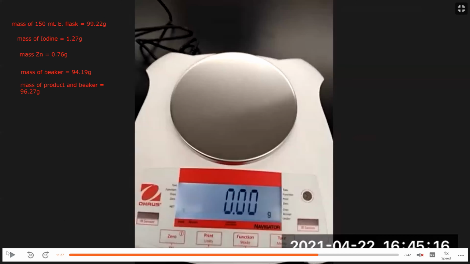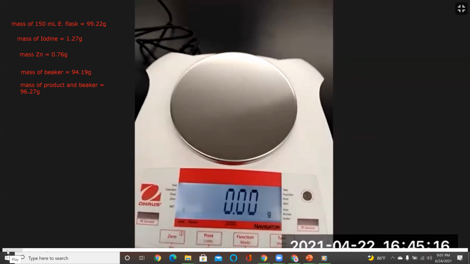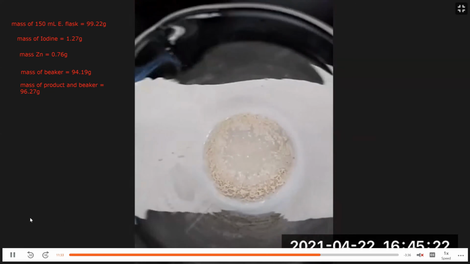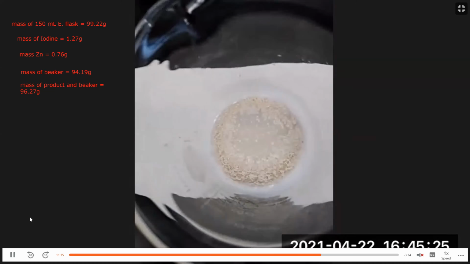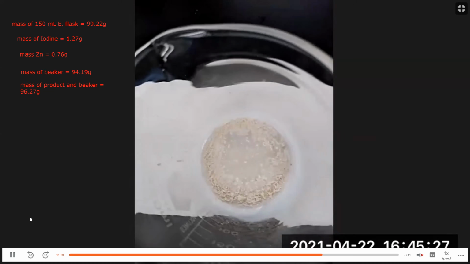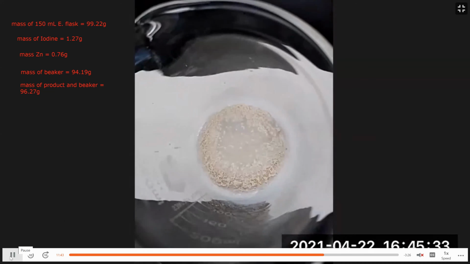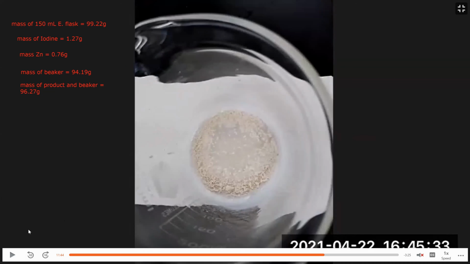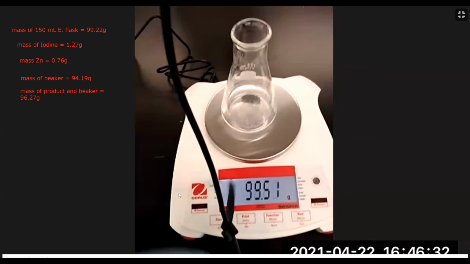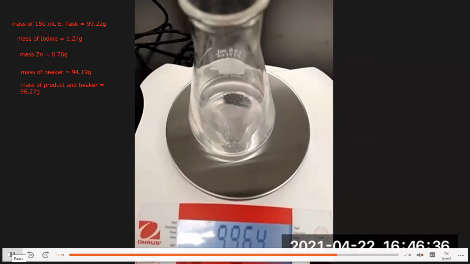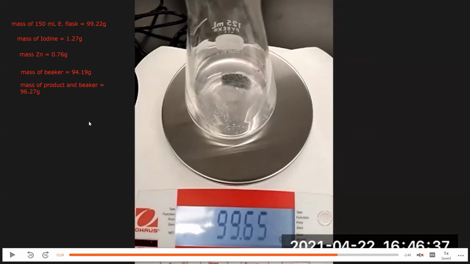Notice that in the product there's no pinkish or purple hue to it, so that means we got all the iodine out. The mass is about 99.65 grams.